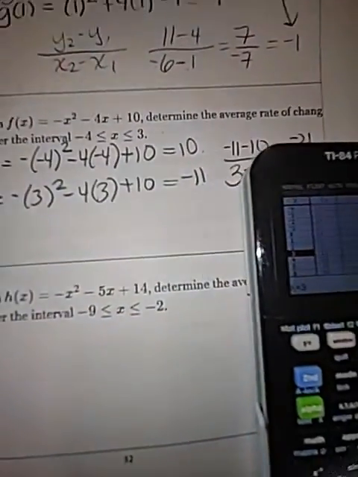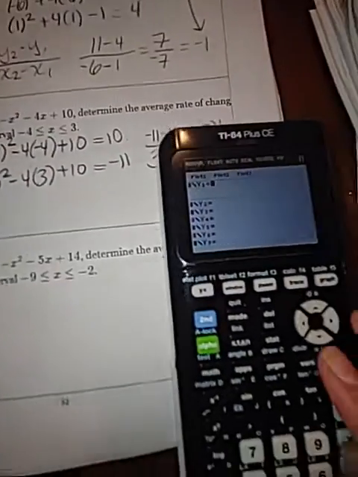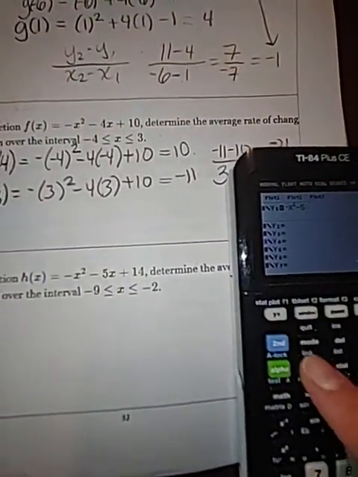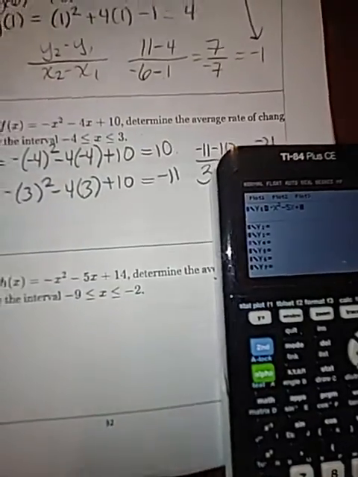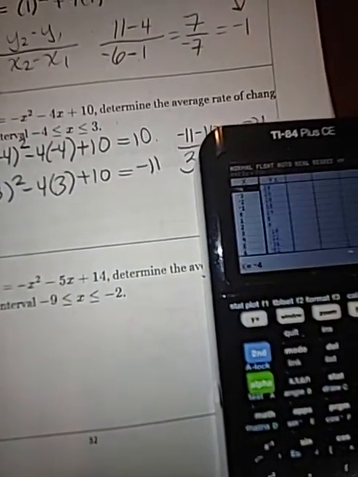Okay, let's keep going. So the quickest way for these questions is to just type it into y equals. So we have negative x squared minus 5x plus 14. I'm doing this because I need the y value. Second graph.